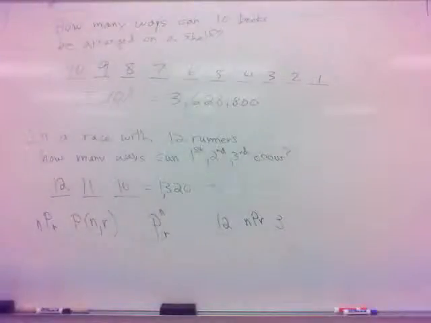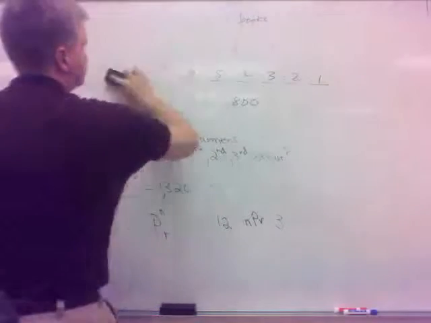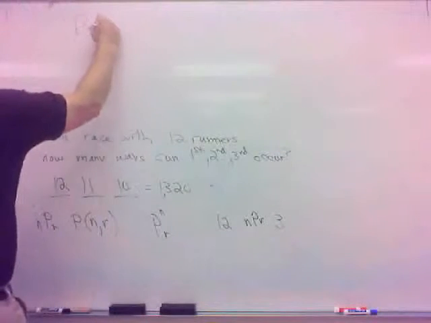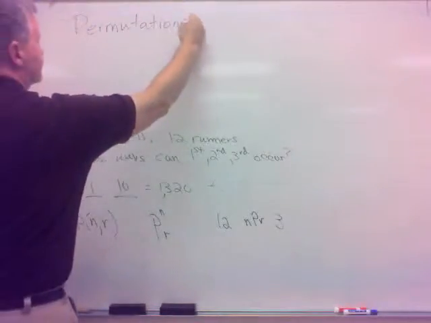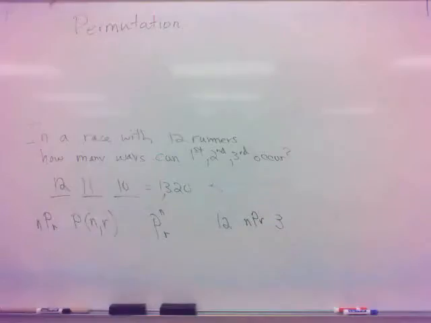This is what's called a permutation. The P stands for permutation. Actually, the factorial, in essence, is a special permutation.